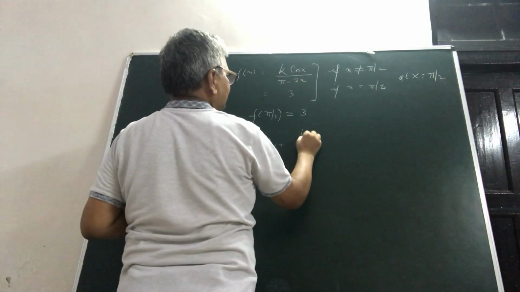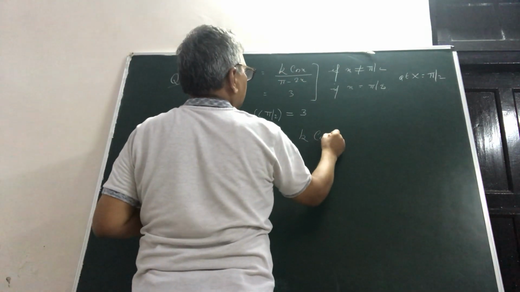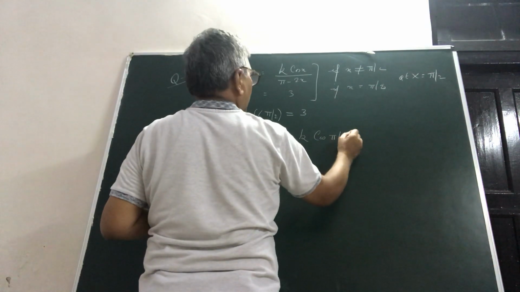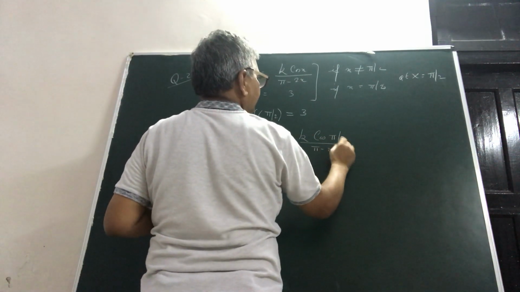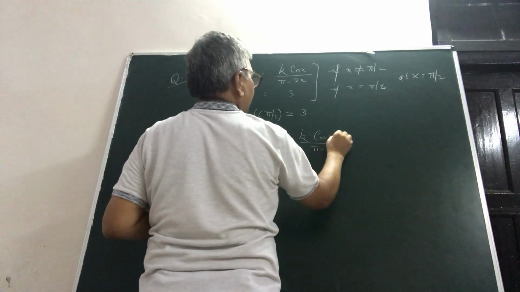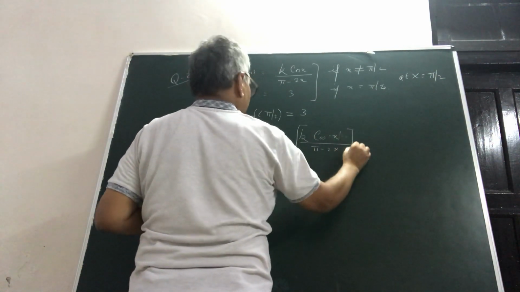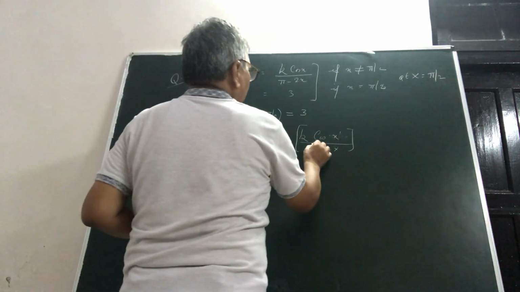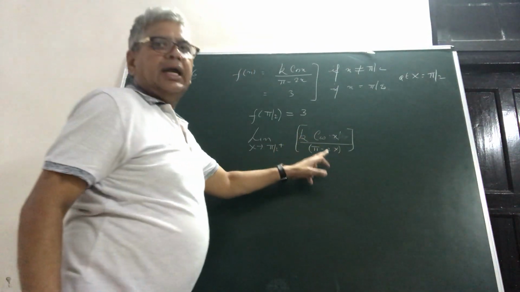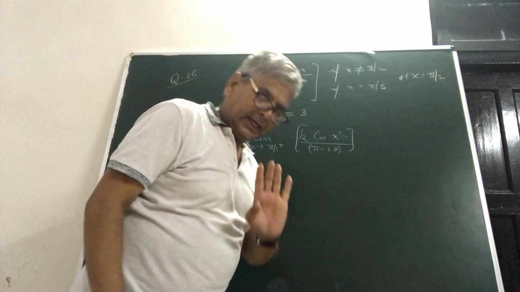It is defined like this: k cos x upon pi minus 2x. Just a minute, I will write it first. This is your function, and this is what you have to find. Now, first of all, please see, here both numerator and denominator, what are they? Are they continuous functions?